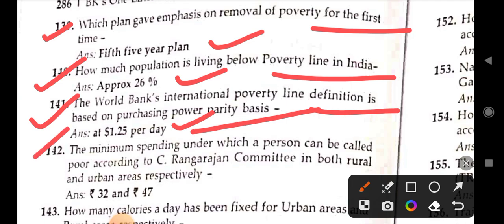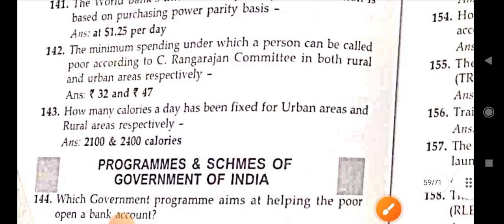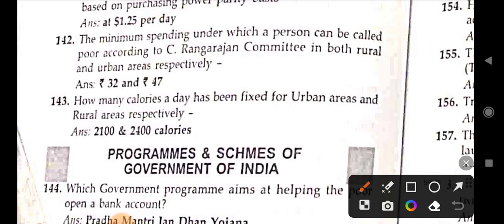The minimum spending under which a person can be called poor according to the C. Rangarajan committee, in rural and urban areas respectively, is 32 rupees for rural and 47 rupees for urban. Next, how many calories per day are fixed for urban and rural areas respectively?